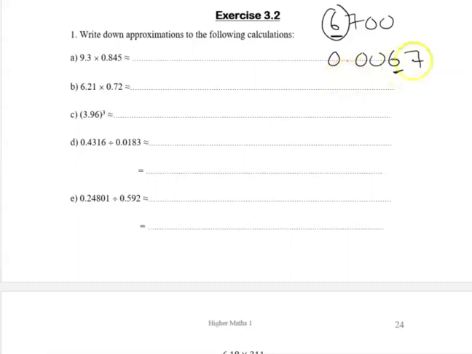Until, well, of course, if you had, for example, 0.006007. Each of these two zeros has value. So, the first significant figure here would be 6, then second would be this, then third, and then fourth.